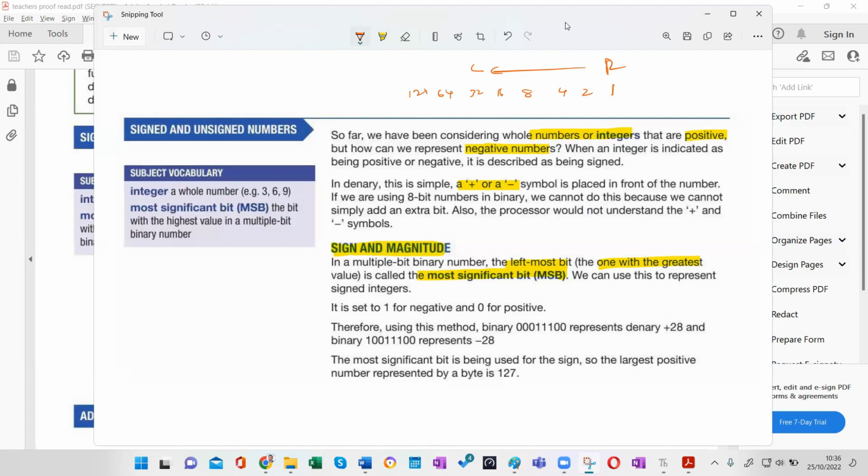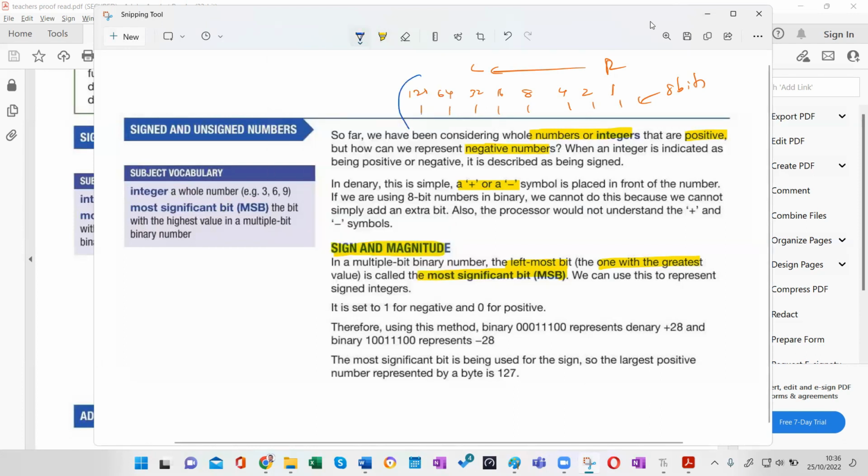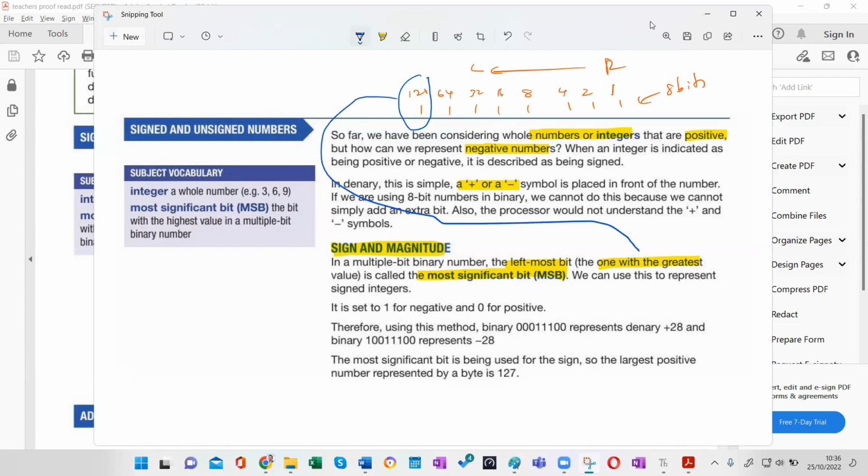How many bits are there? 8 bits: 1, 1, 1, 1, 1, 1, 1, 1. So the most significant bit is this one, the bit which has the highest positional value.